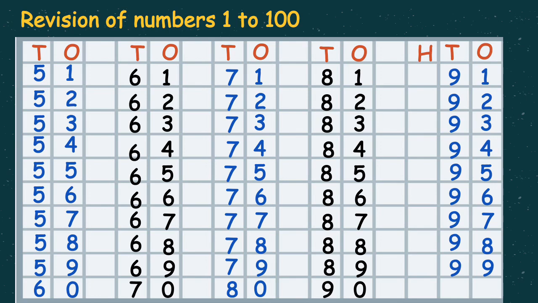What comes after 99, children? It is 100. And remember, 1 would come under the hundreds column. So this is ones, tens, and hundreds.